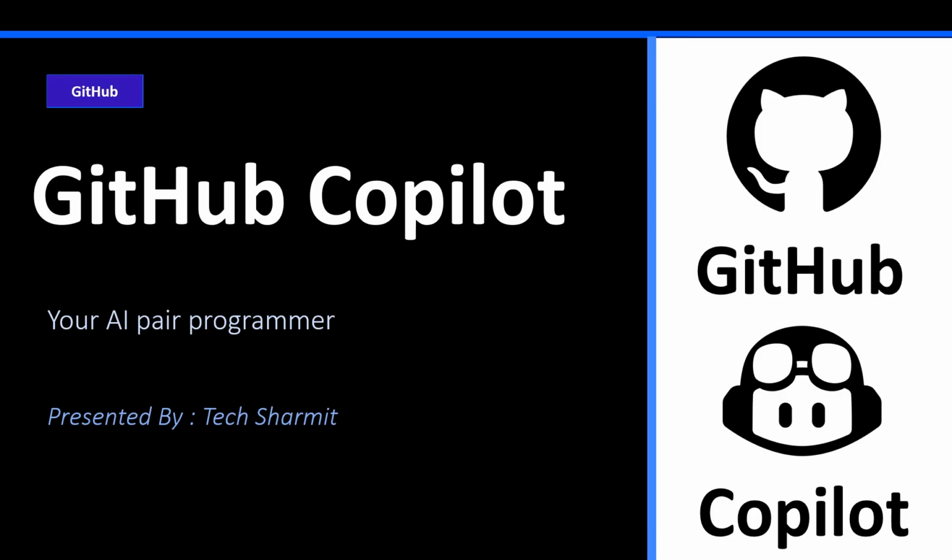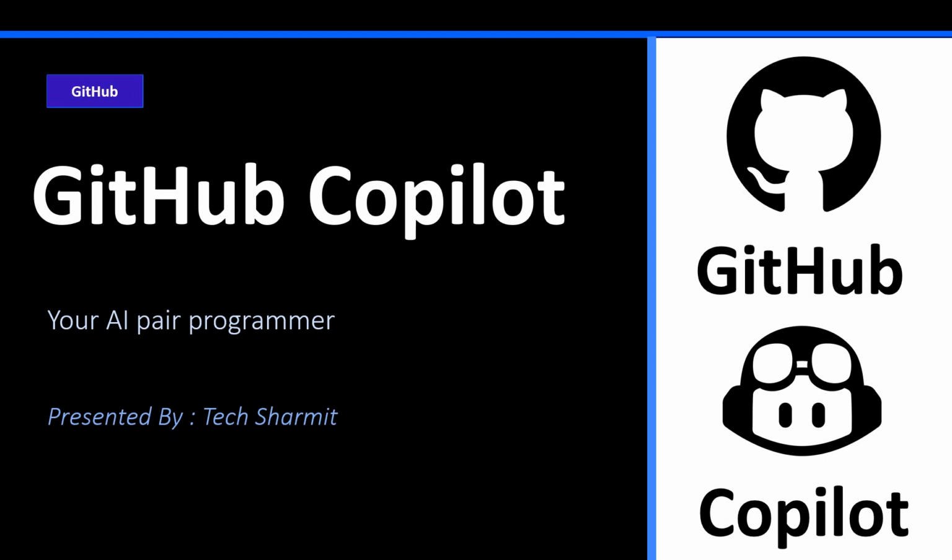So you can use GitHub Copilot as a programmer assistant. Okay, it can help you in all phases of software development, whether it's coding, suggestions, documentation, or testing, right? In all aspects, you can utilize GitHub Copilot. So let's go one by one.